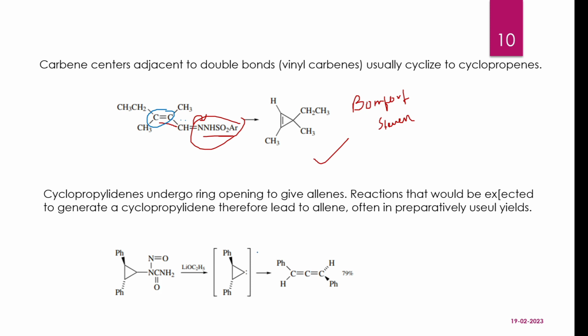Again, the cyclopropylidene undergoes ring opening to give an allene. The reaction that would be expected to generate a cyclopropylidene therefore leads to the allene, often in a preparatively useful yield. Sorry, there is some typing mistake.